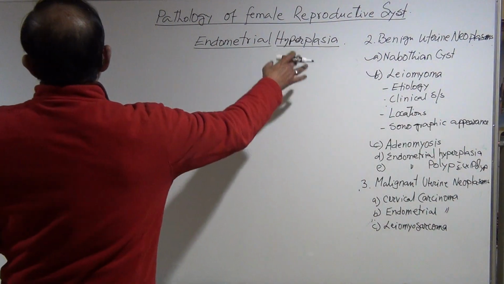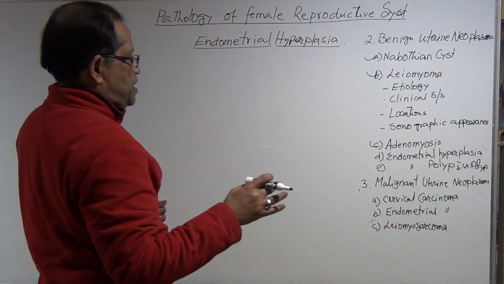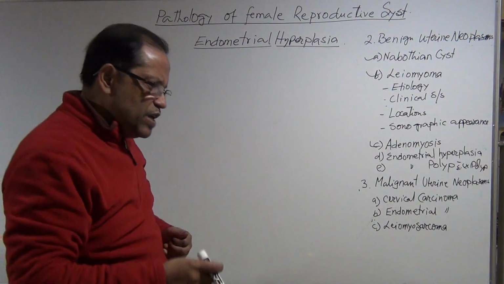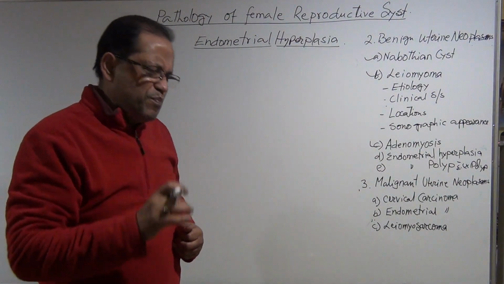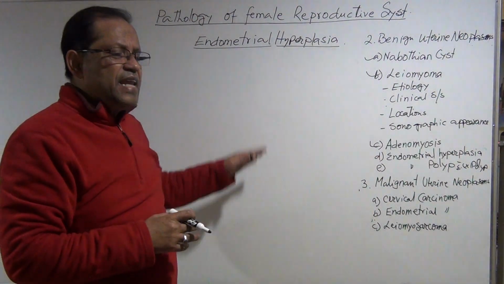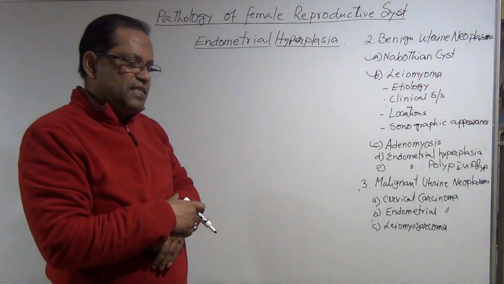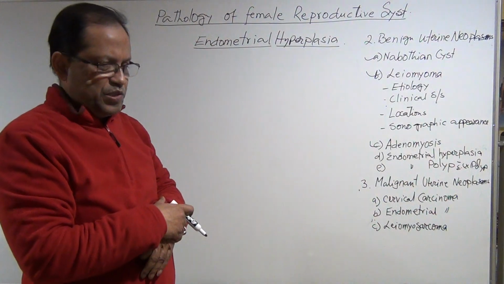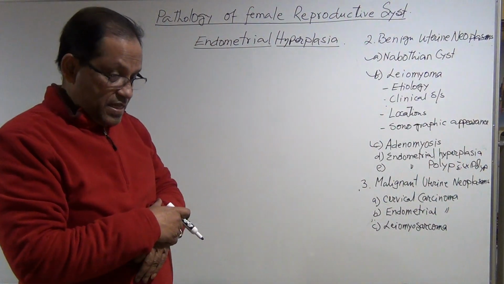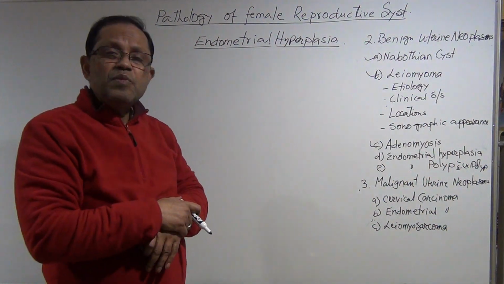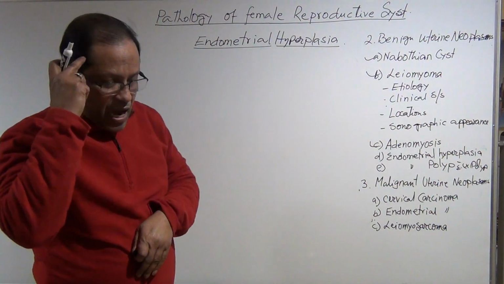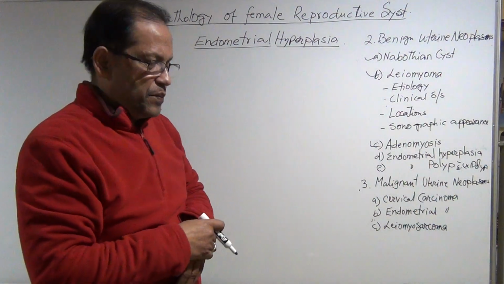you need to evaluate. Some patient is having irregular bleeding or menorrhagia. You scan and you found that endometrial thickness is 2.5 centimeter. Then you have to understand what is the normal size. Then you have to ask what is the LMP.